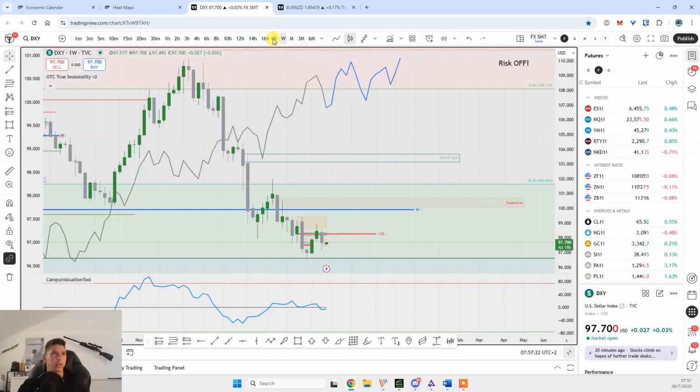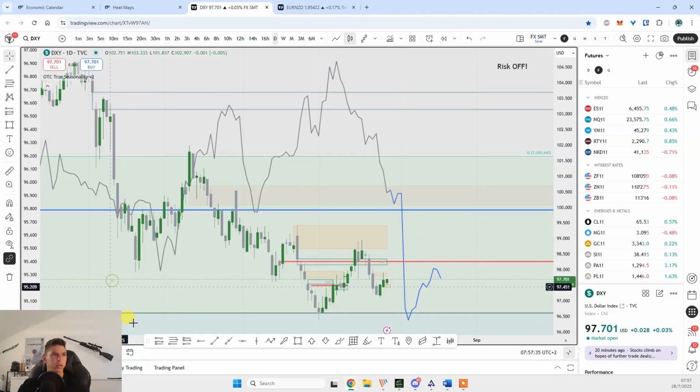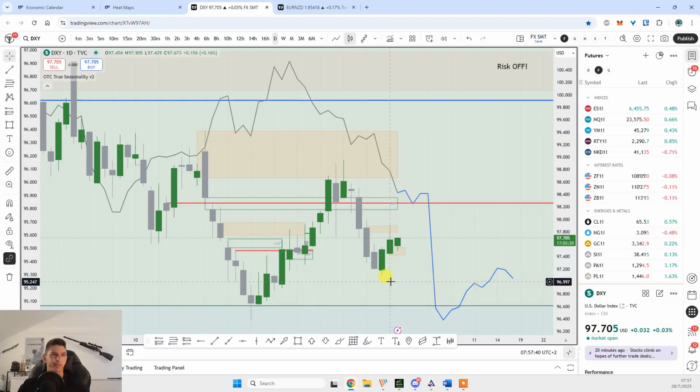Lower lows, lower highs. We go to the daily and yeah, not a clear, nothing that clear to say. Lower lows, lower highs in the overall structure.